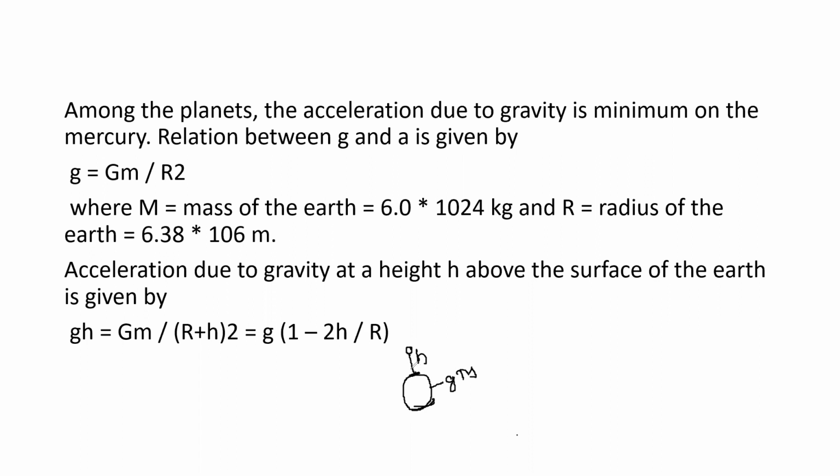So from the center of the earth, this distance is nothing but the radius of the earth, which I'll take as capital R. So students, can you see this? What is the total distance here? The total distance becomes R plus h. So the total distance, in the sense of the distance between the center of the earth and the object, becomes R plus h.